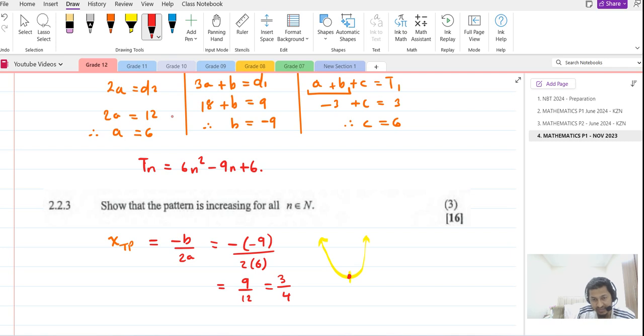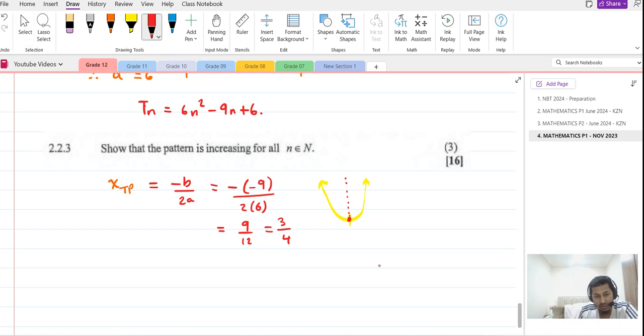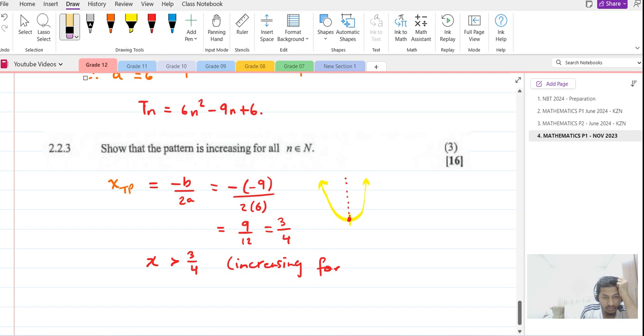If I think about this, I can't put the axis there because I don't know what the x-intercept is. So we know x is greater than 3/4, increasing for x an element of real numbers.